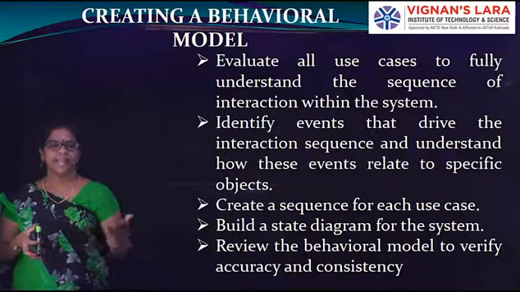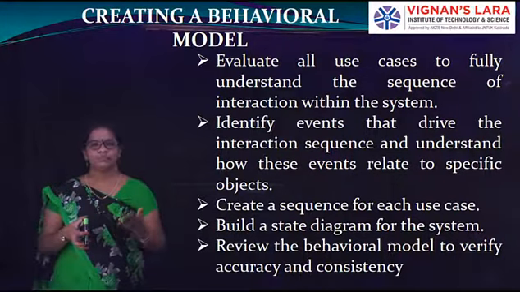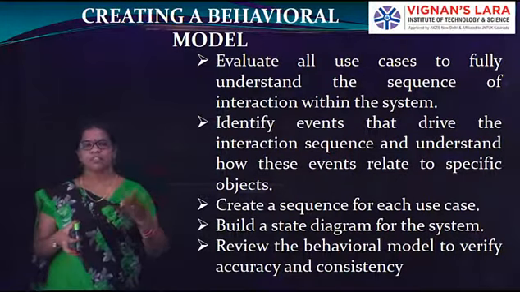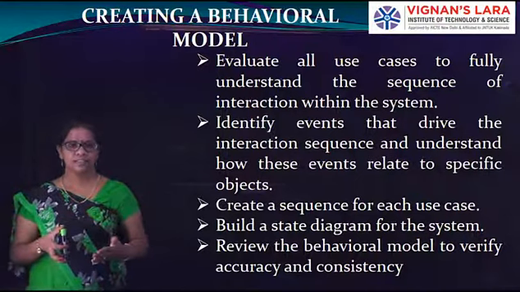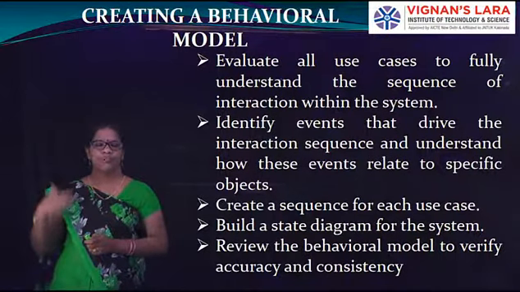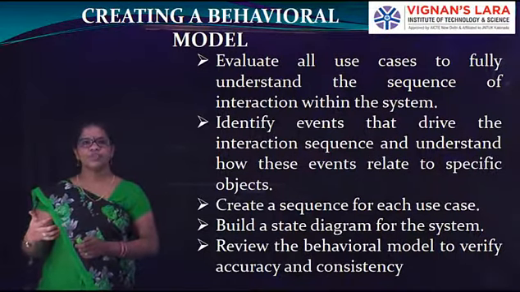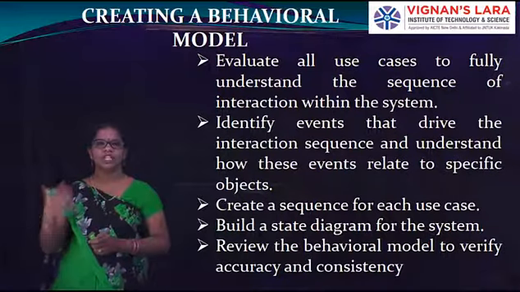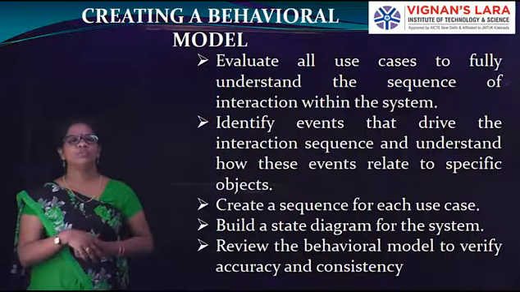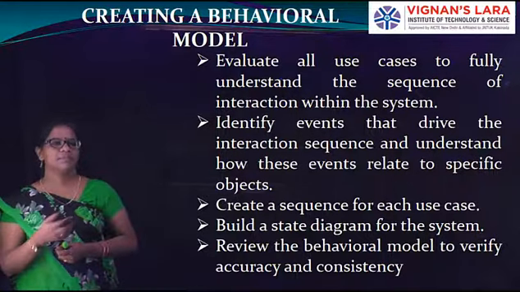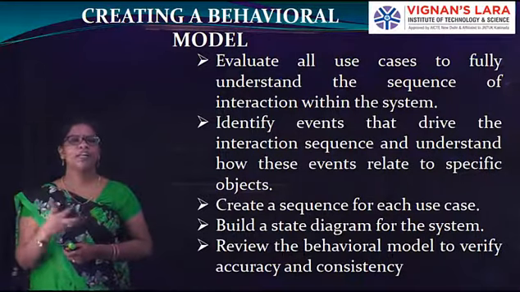So that is one actor. In a use case, the use cases are drawn according to the actors. When an actor is interacting with the system, what events will occur? We have to first make a list and evaluate all those things.